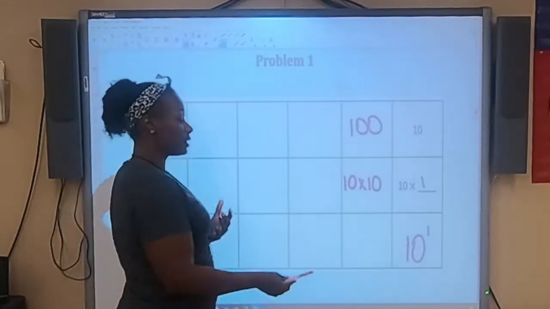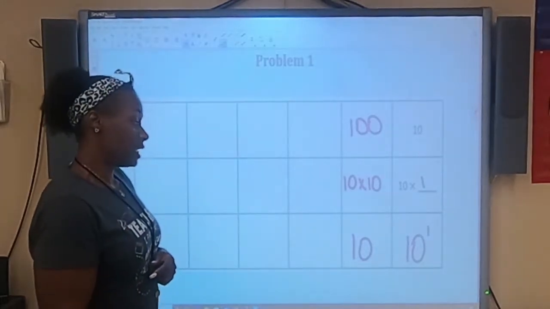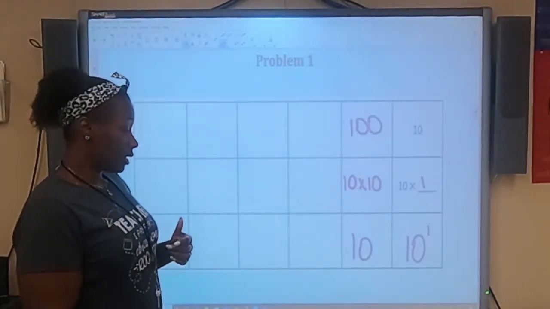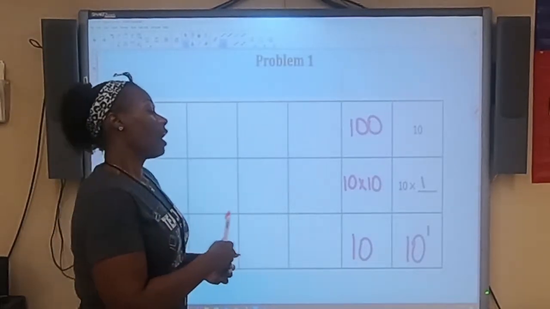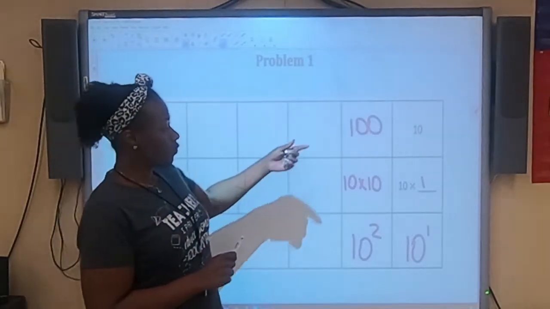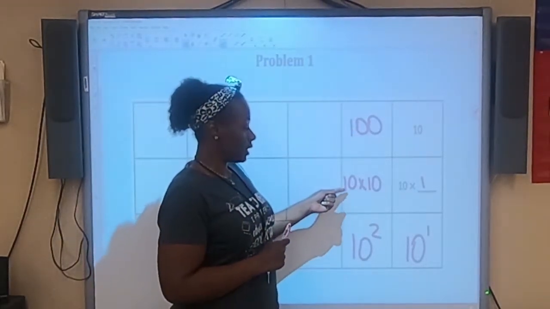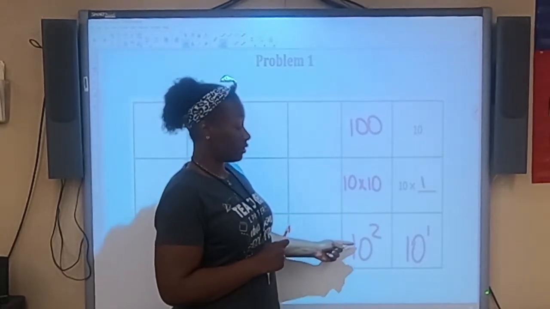Remember, our base number is 10 because we're using powers of 10, and I need an exponent. What could my exponent possibly be? I hope you said 2. You are correct. So 100 is equal to 10 times 10, which is also equal to 10 to the power of 2.